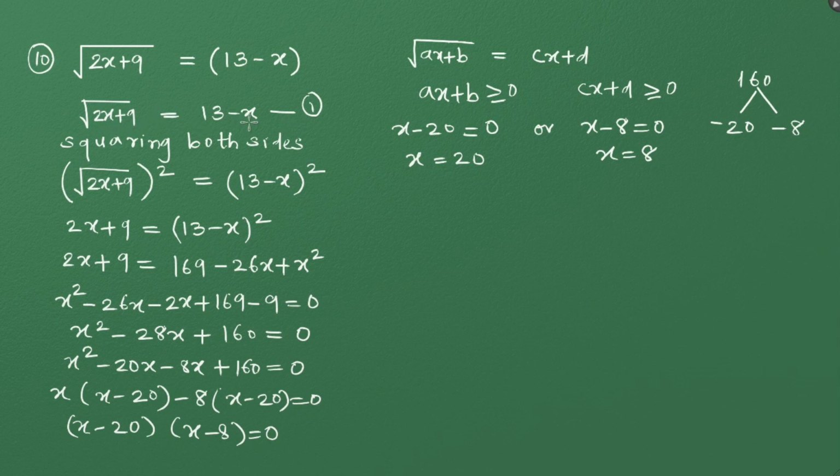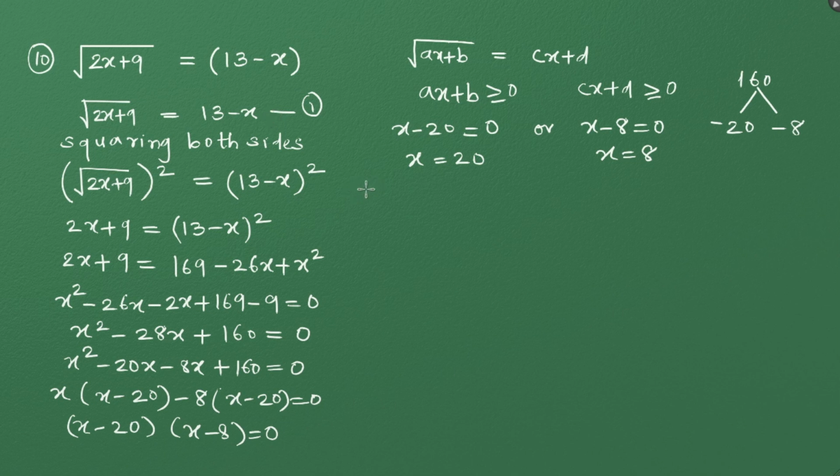If left hand side equals right hand side, then that value of x satisfies this equation, so the solution set will have that value. But if left hand side is not equal to right hand side, it means that value of x does not satisfy equation 1, so that value is rejected.